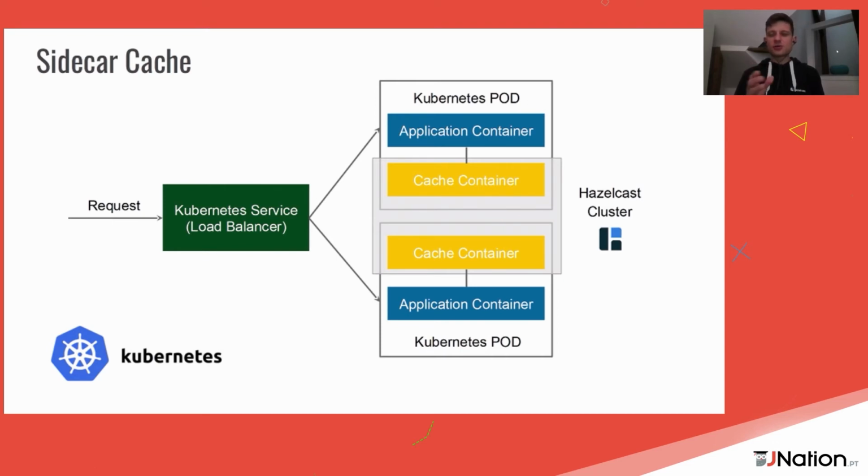But even if you don't know Kubernetes, here is a very short introduction. In Kubernetes, a deployment unit is called a pod. And in a pod, you can have one or many containers. Usually you have just one application container, which is your application with the business logic. But sometimes you add an additional container.